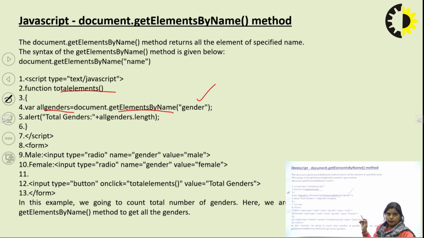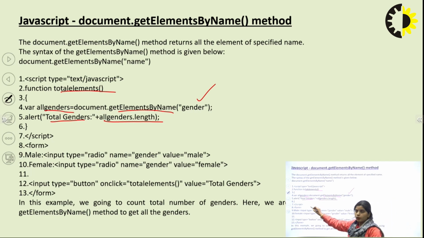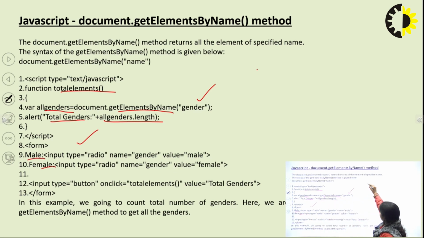The name of the specified control is gender, and inside the alert we have totalGenders, allGenders.length. After that, inside the form tag we have 2 values, male and female. These are the labels inside the form.